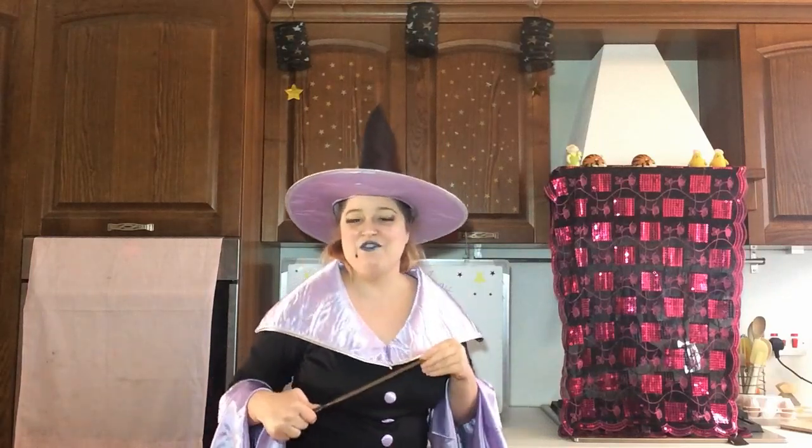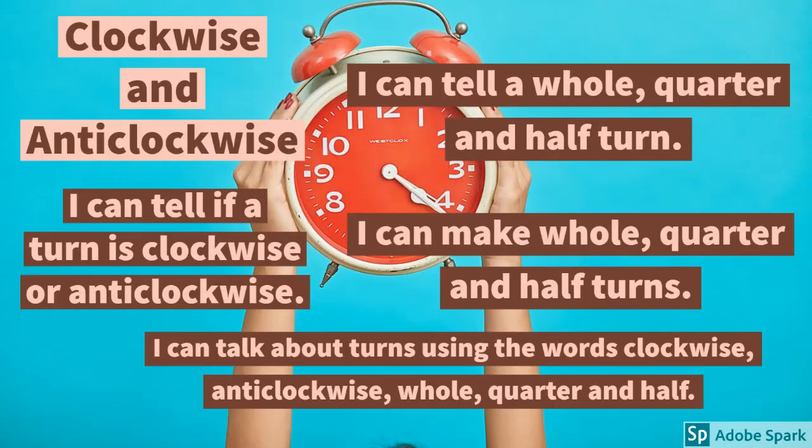Now, let's take a look at our learning sentences for today. I can tell if a turn is clockwise or anti-clockwise. I can tell a whole, a quarter and a half turn.